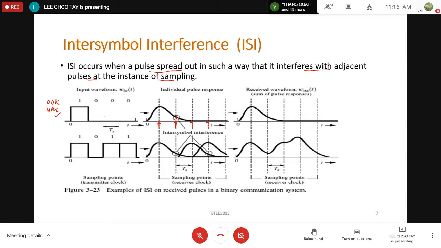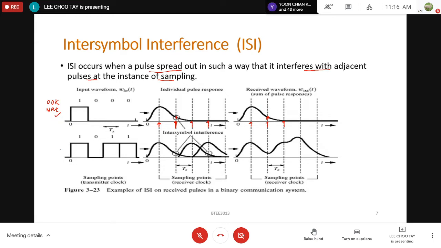So that is for this binary stream 1000. For the received pulse response, if you were to perform sampling, this instant may give you error because of the smearing effect.